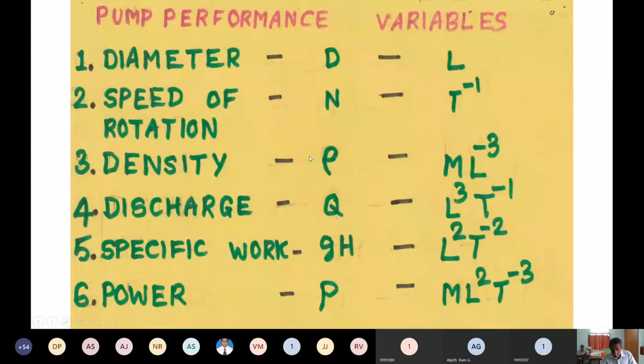there are at least 6 you can identify. The first one is the pump diameter D, by which we mean the exit diameter of the impeller. Okay, normally we denote that by D2. So this diameter has a dimension L. See, on the right extreme, whatever I have listed, they are the dimensions of the parameters in terms of the fundamental dimensions: length, mass, and time.